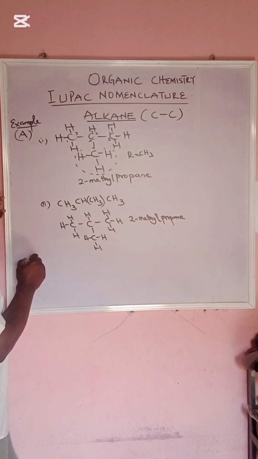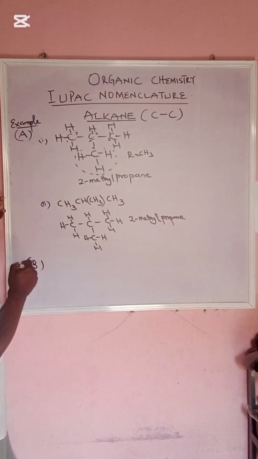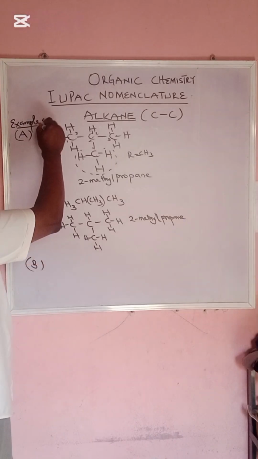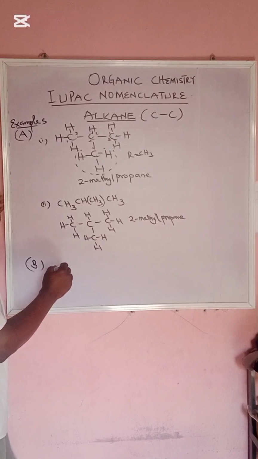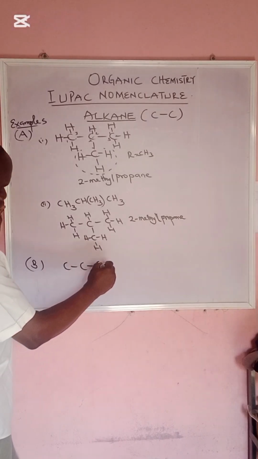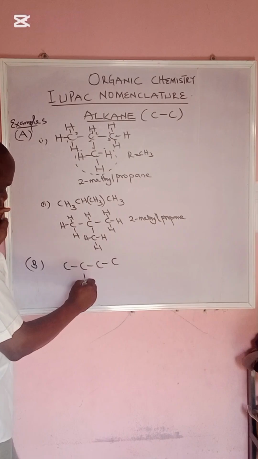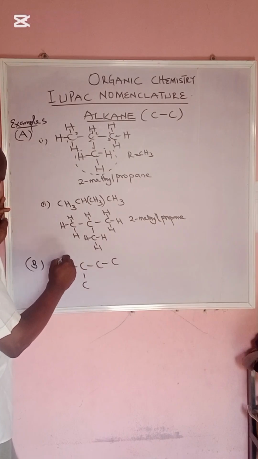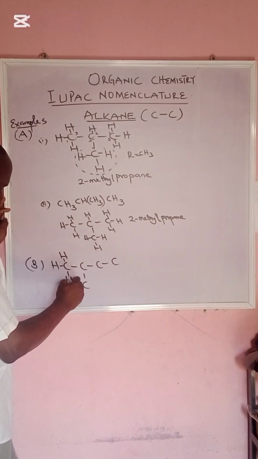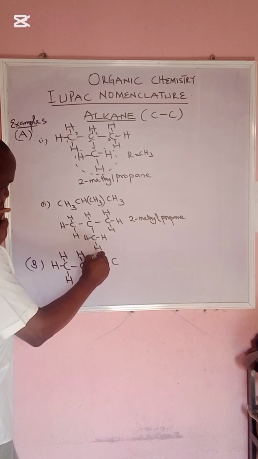So Roman figure, example 2. Let me say B. Examples. You have 1, 2, 3, 4, and you have C here. We have hydrogen here, hydrogen here, hydrogen here.